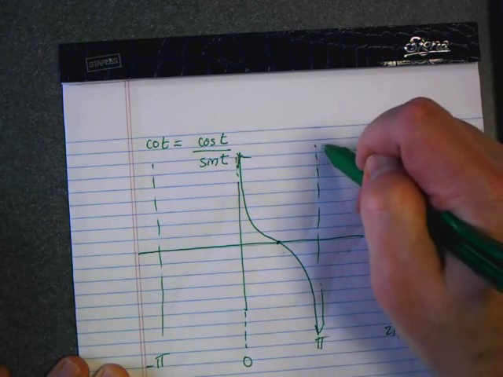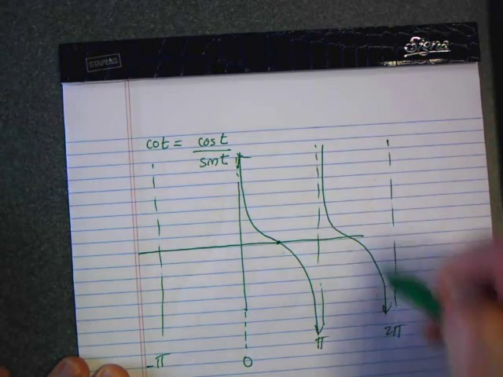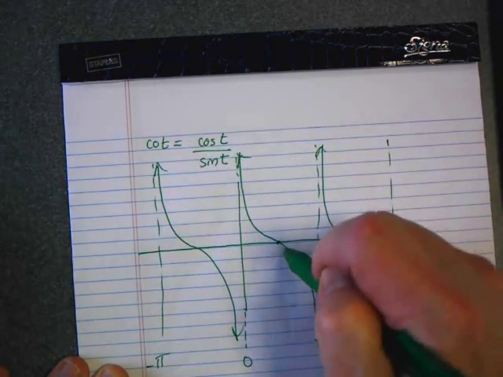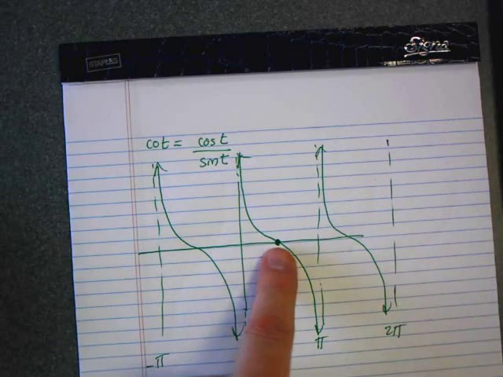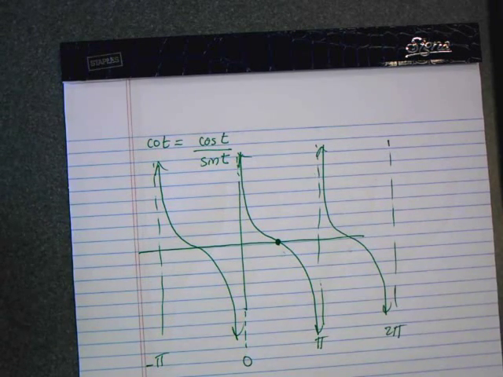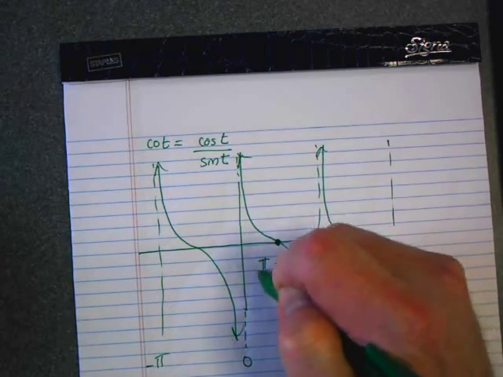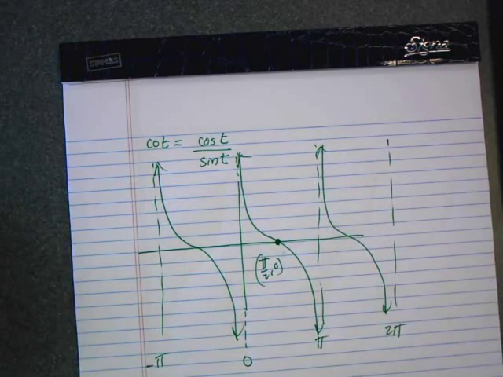So it's going to look like so, repeating over and over and over again. And where does this point happen right here? Where's this 0? Halfway between 0 and pi, which is pi over 2. So tangent and cotangent are very similar. Again, there's a phase shift between them and a flip in this case. Questions?